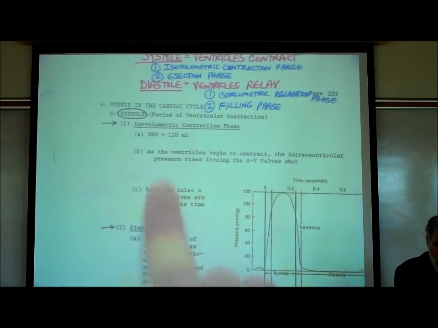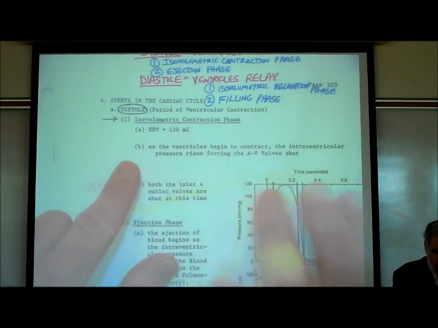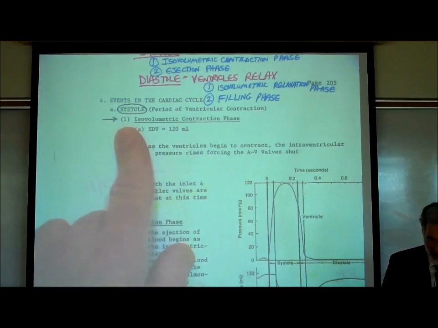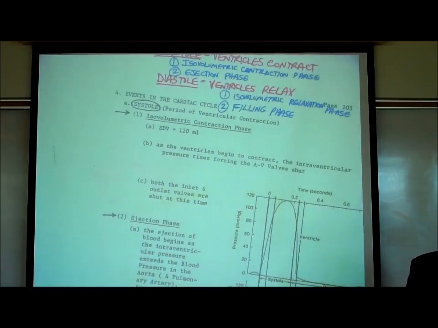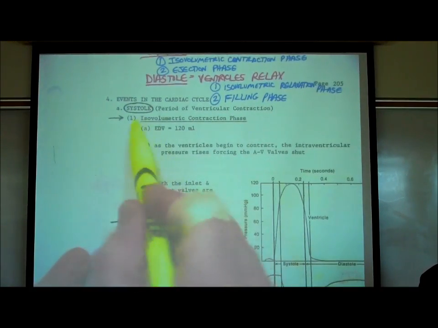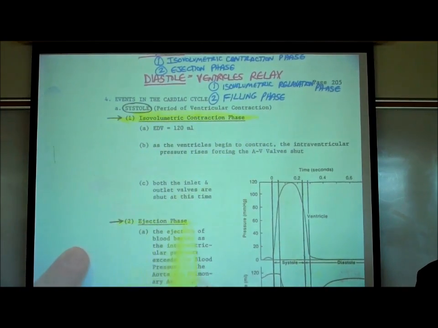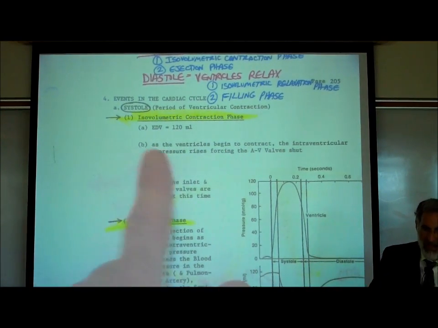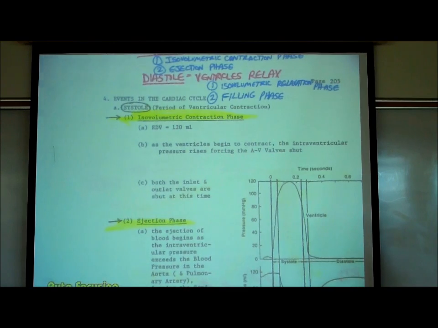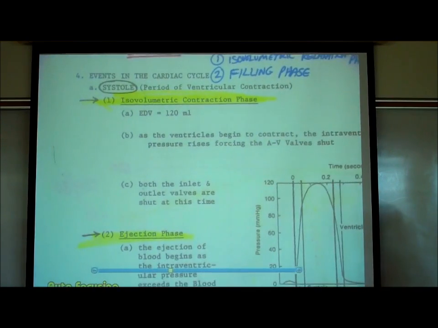this is page 205. At the top it says events in the cardiac cycle, systole. Now we have divided systole into 2 phases, isovolumetric contraction phase and ejection phase. At the time that the ventricles start to contract, there's about 120 milliliters of blood in each ventricle.